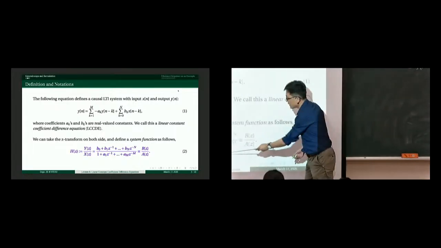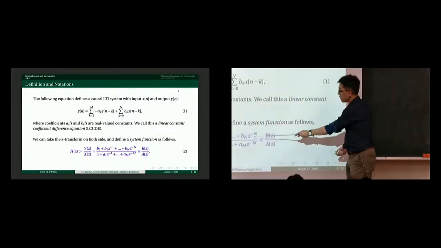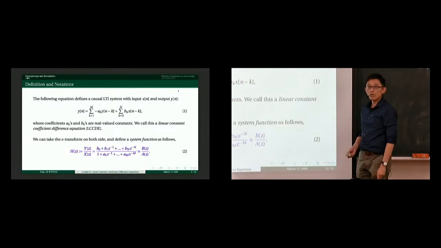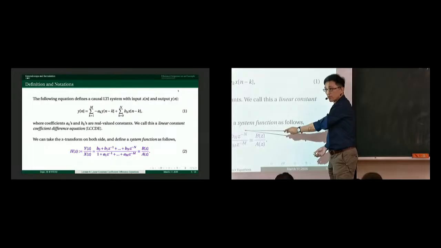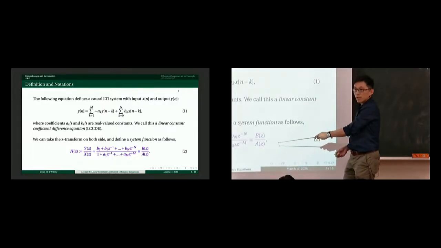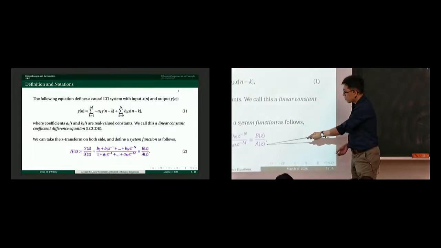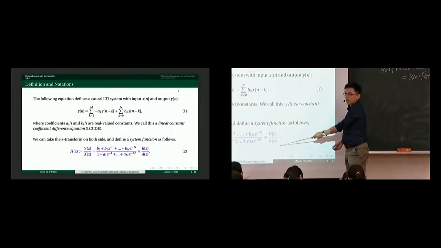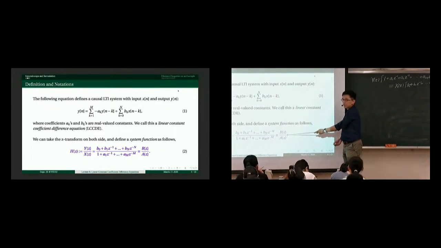The denominator and numerator both become polynomials in z inverse, a polynomial right here, a polynomial right there. We will keep using this notation for the rest of this semester, so be certain that we are familiar with it. We denote this expression as B(z) divided by A(z).